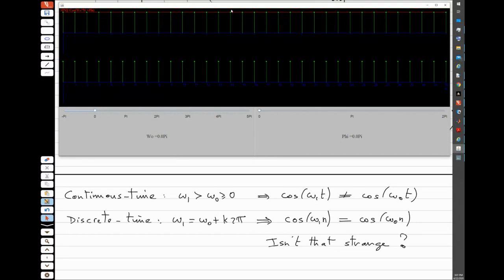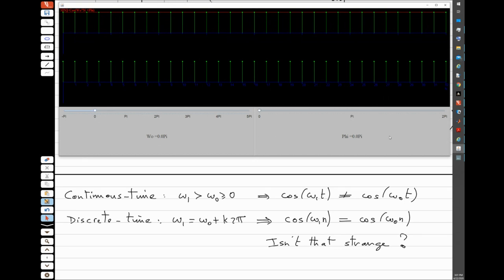In red, I'm plotting cosine of omega 0 t. Now you say you don't see a sinusoid. It's because omega 0 here is 0. In the software, you can adjust omega 0 by this cursor, which is set at 0 here.